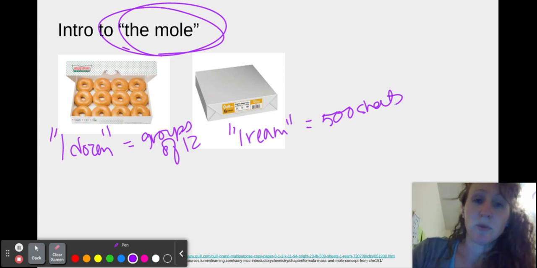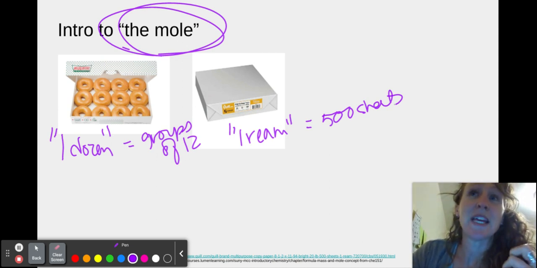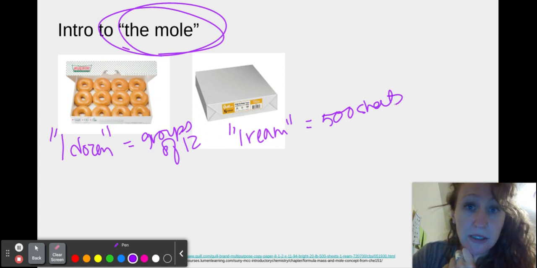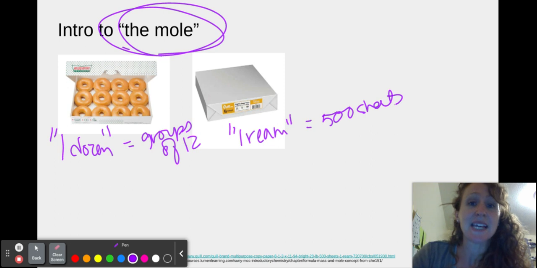Our high school, for example, buys a lot of paper. So our high school goes to our paper seller, and what they don't say is, I want 1,294,000 sheets of paper, please. What they're going to say is, I want 500 reams of paper, right?